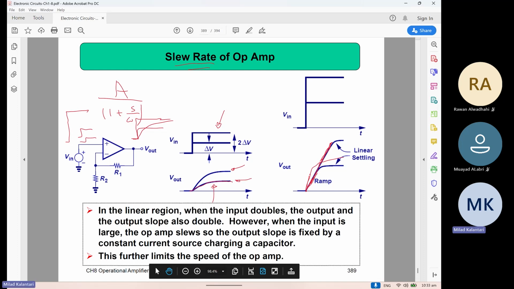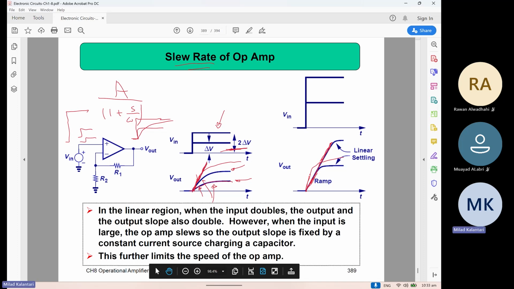For the small input, the slope is smaller. For the larger input, the slope is higher initially. After increasing the input a little bit more, you expect the bigger input to have a larger slope at the beginning and then settle exponentially. But after a certain value, when you increase the input, the final value will increase, but the slope does not increase.